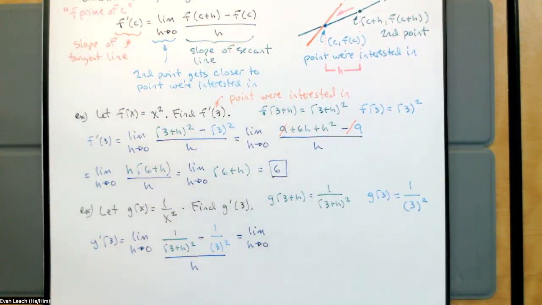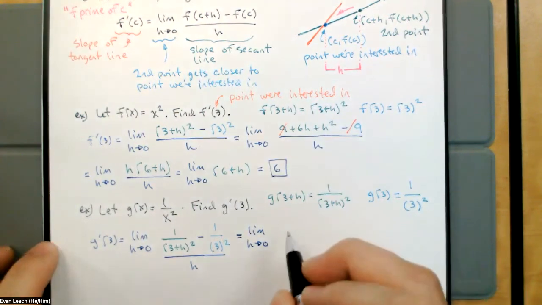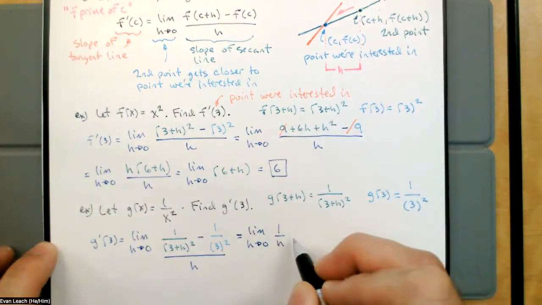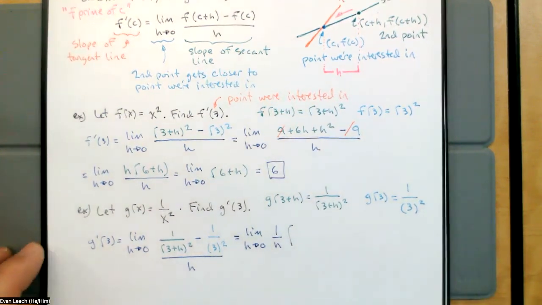See this all over h making our fraction super tall and kind of annoying? I don't know if you're annoyed by these kinds of things, but I am. So instead of dividing by h, I'm going to write this as multiplying by 1 over h. Dividing by h is the same as multiplying by 1 over h.